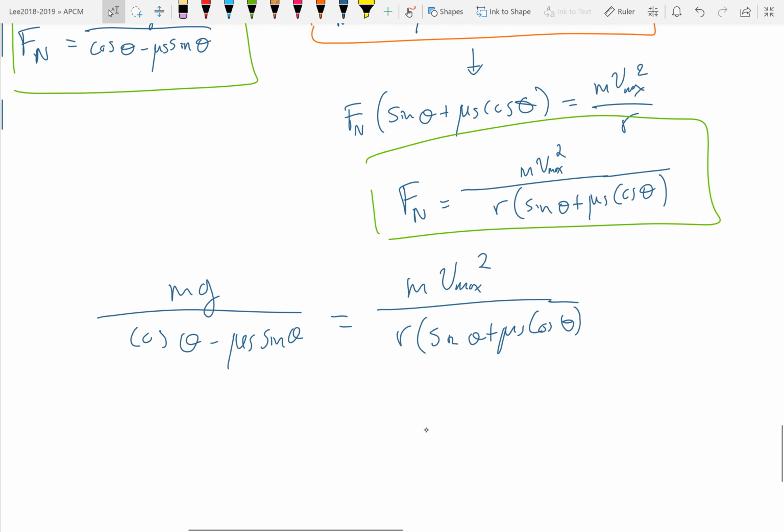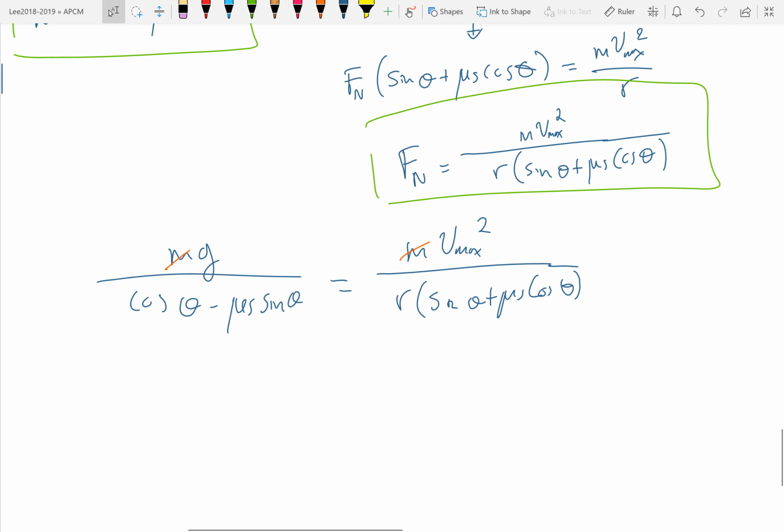And we need to find a way to solve for Vmax. Right away I see my m's are going to be gone. And I've got to get my sine theta plus mu s cosine theta over there. And I got a g over there. So let's see. First I'm multiplying my little r by both sides. So that's rg, upstairs.